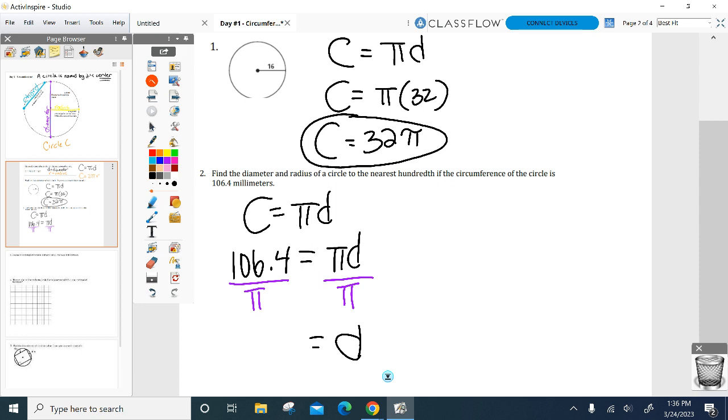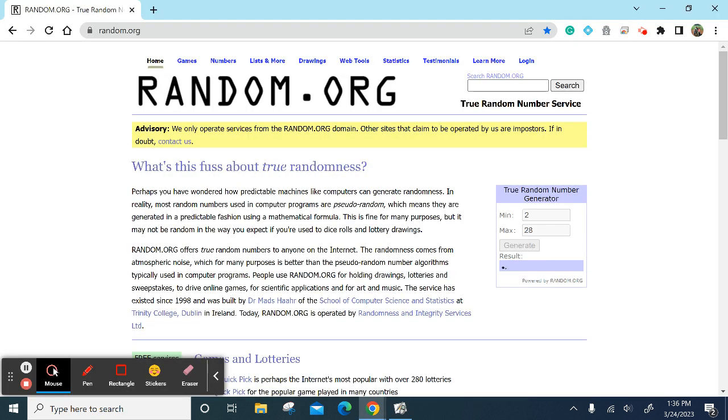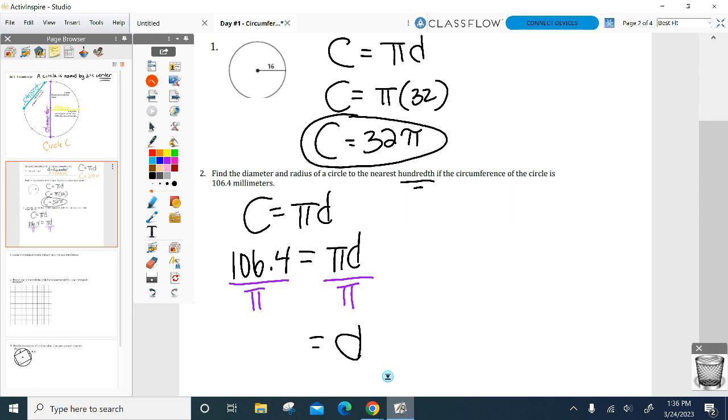We're good? Okay. Nearest hundredth, rounding directions, nearest hundredth. How about that diameter? What do you got? 33.87.